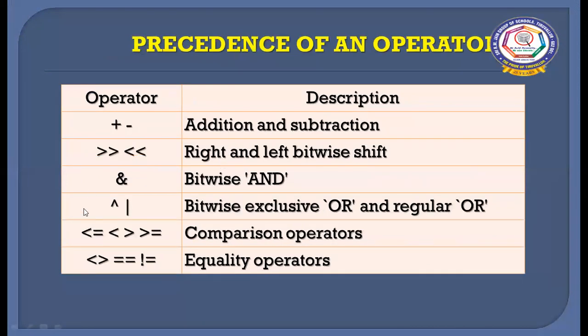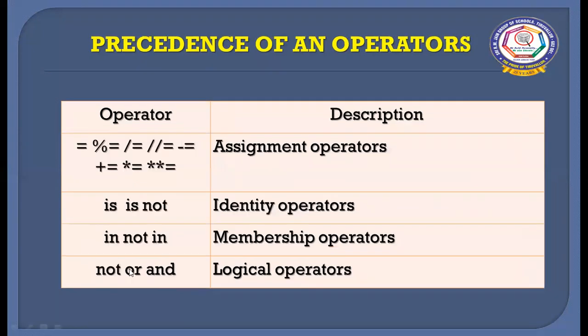Next is addition, subtraction, then comes the right shift and left shift, bitwise and, bitwise or and exclusive or, right? So the next comes the comparison, that is, the relational operators. Next is equality checking operators. Then the assignment, augmented operators.